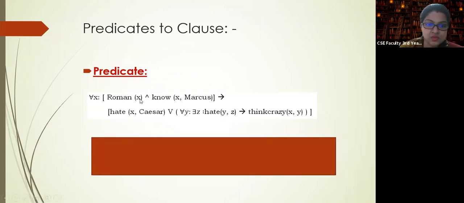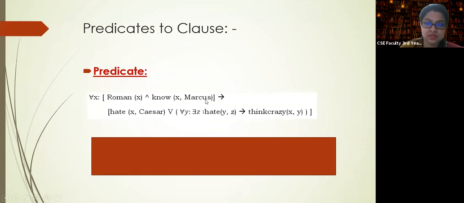So for all x Roman x know x comma Marcus implication sign, that means hate x comma Caesar, or for all y exists z hate y comma z implies thinkCrazy x comma y. So it is a little bit complicated part. Let us focus on the first part. The first part is: if a person is Roman, then he or she should know Marcus.